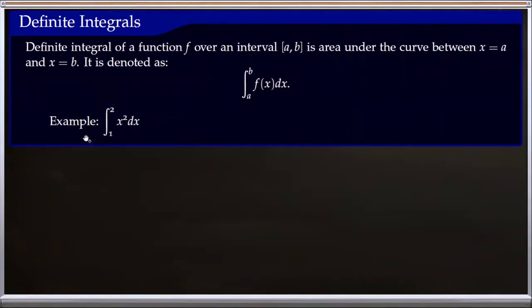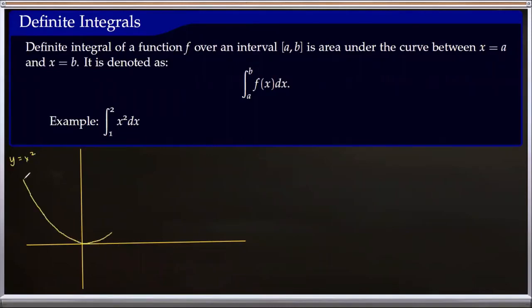Okay, next we want to look at the definite integral of x squared from 1 to 2. Let's try to draw the graph of this region again. The graph of the function y equals x squared is a nice parabola. So I'm going to try to graph like that.